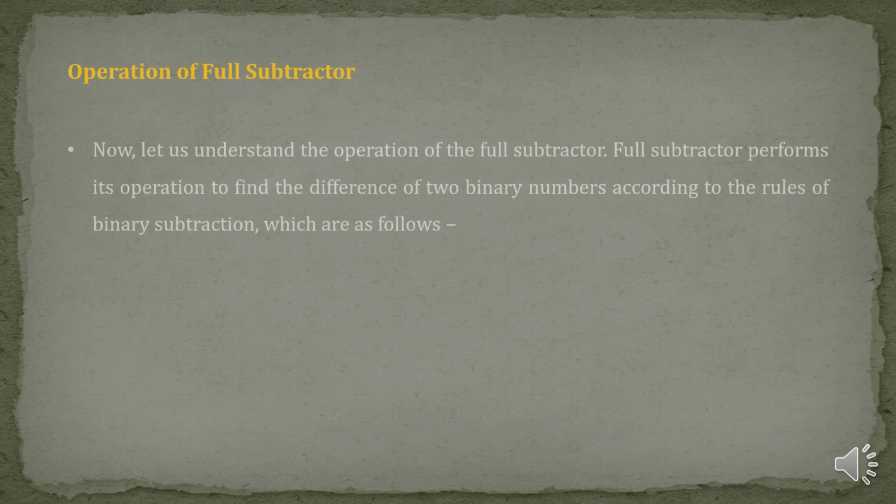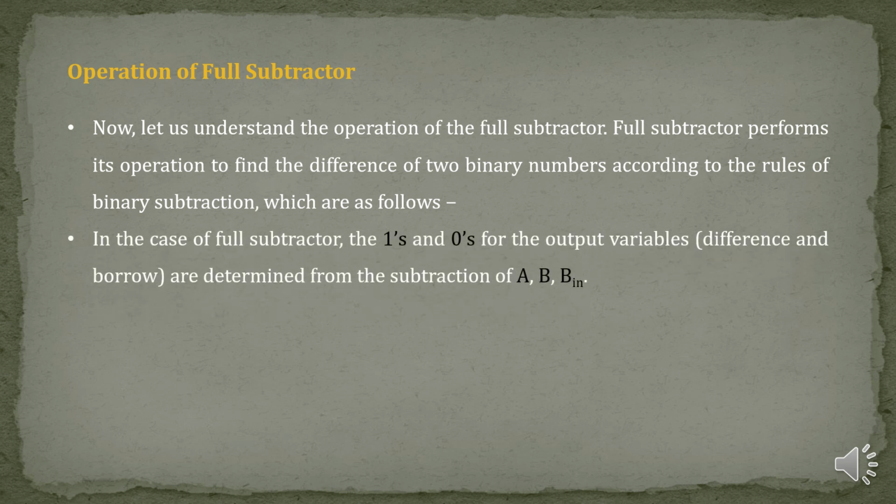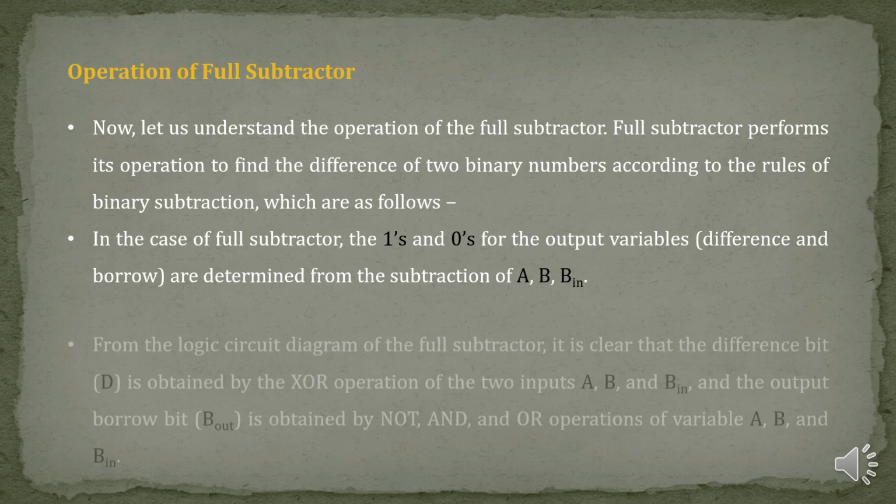Operation of full subtractor. Now let us understand the operation of a full subtractor. A full subtractor finds the difference of two binary numbers according to the rule of binary subtraction. In the case of a full subtractor, the ones and zeros for the output variables difference and borrow are determined from the subtraction of A, B, and B in.